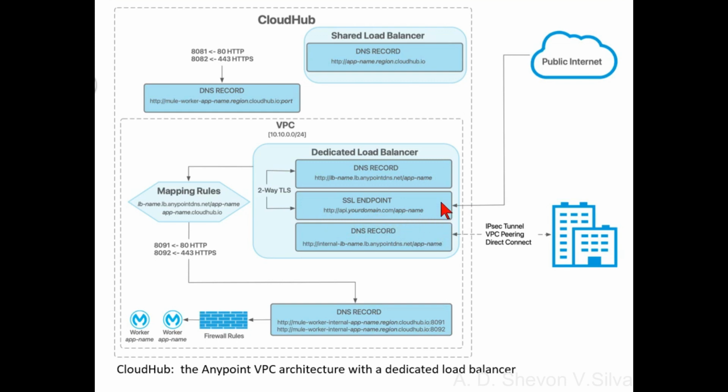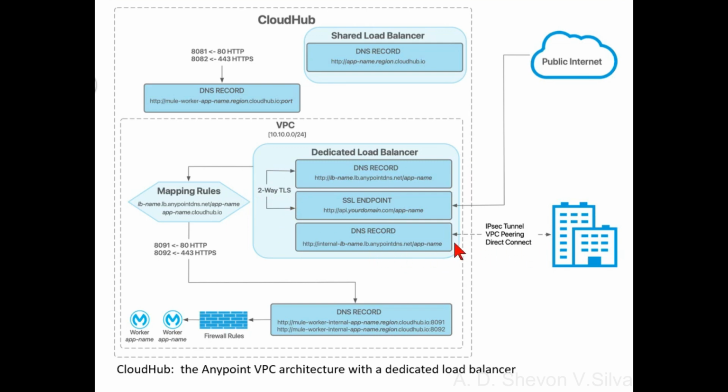Here the dedicated load balancer, mapping rules, DNS record, firewall rules, and worker app names are in the VPC. The DNS record and SSL endpoints interact with the two-way TLS.